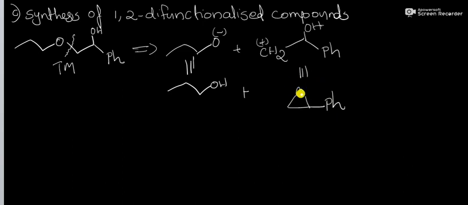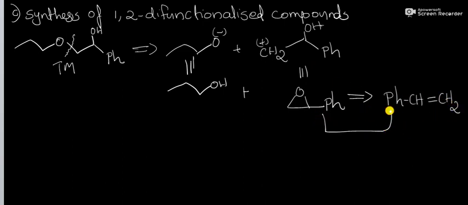This will be the corresponding epoxide, and this epoxide can be synthesized from oxidation of alkene PhCH=CH2, which on oxidation using peracid will be converted into our epoxide.